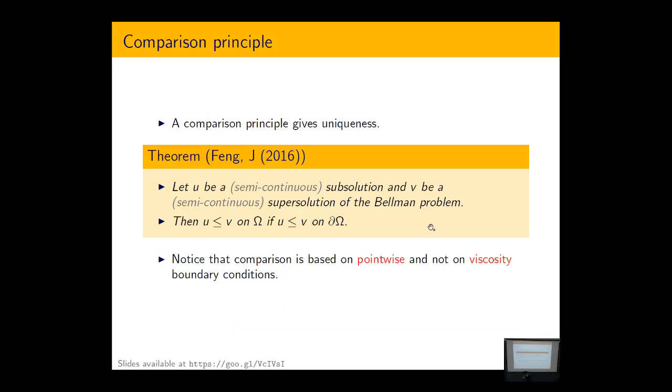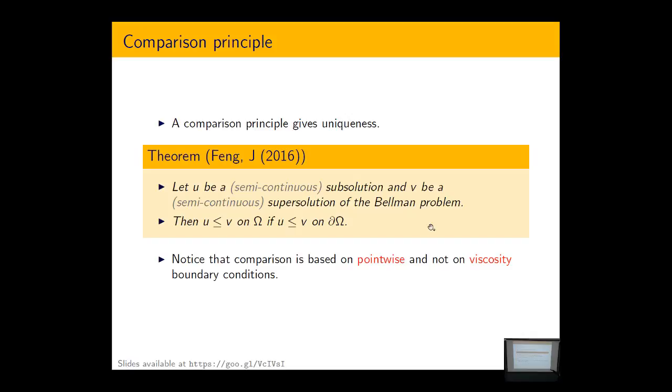Okay, then we have a comparison principle. Comparison principles are very fundamental building blocks of this theory of viscosity solutions. We say we've got a sub-solution and a super-solution, and if the sub-solution lies below the super-solution on the boundary, then U lies below V, the sub-solution lies below the super-solution, also in the interior.